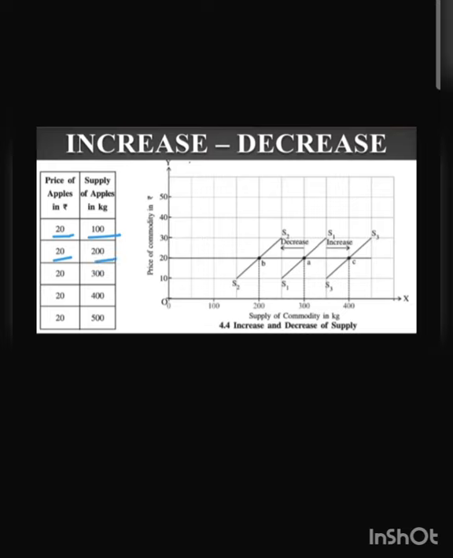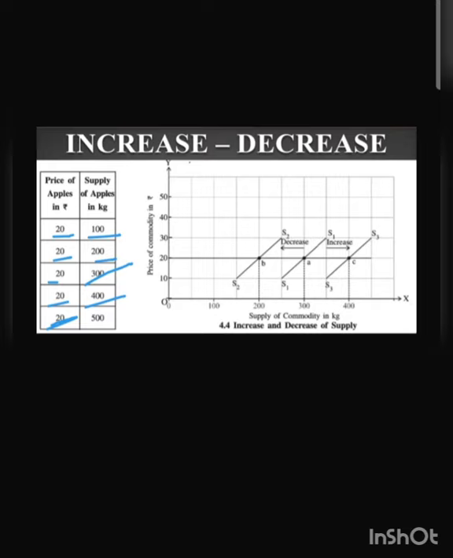So here you can see the price remains constant, but the supply is increasing and decreasing just because of the change in the factors. If it is in favor, there will be an increase in the supply, and if it is against the product, there is a decrease in the supply. So here you can see the supply of apple increasing: 100, 200, 300, 400, 500, as shown in the table.